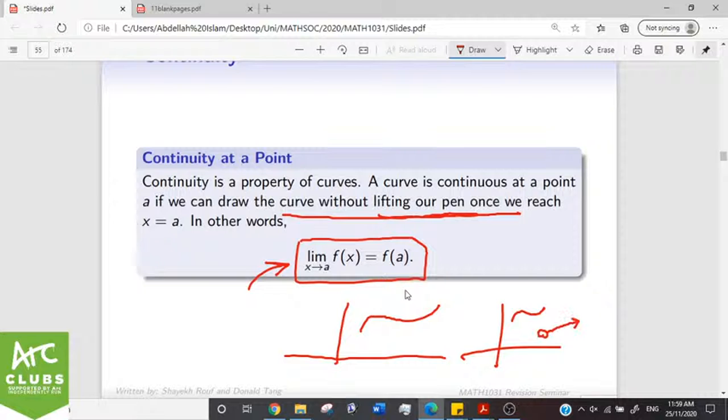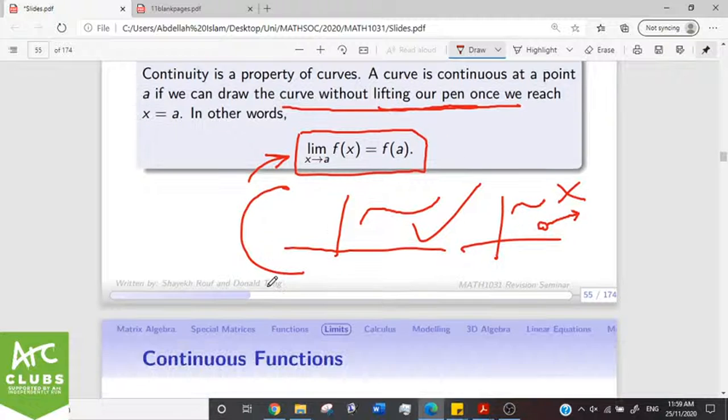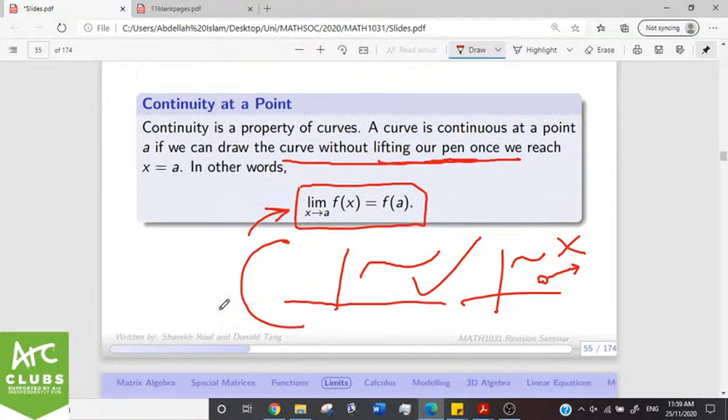So this is not continuous and this is continuous. That's how you should probably think of this. I think the lifting your pen definition is probably better for you guys, because it saves time. You won't have to consider really annoying limits, and it's just easier.